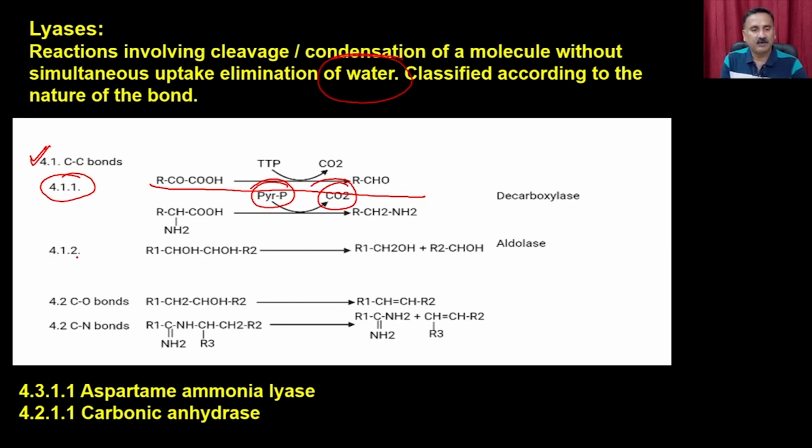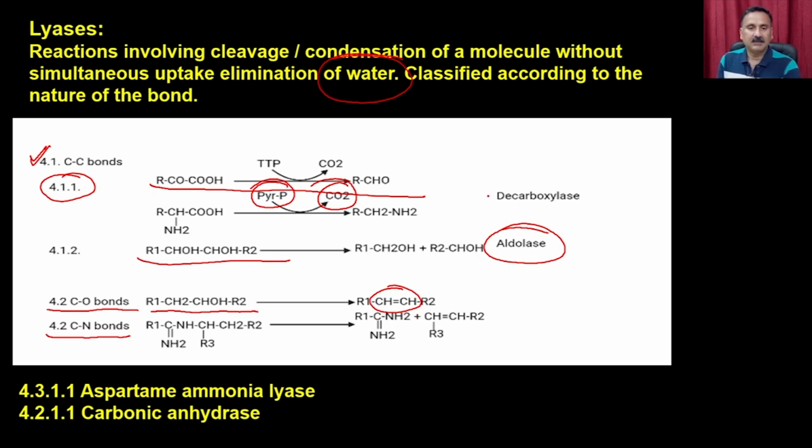Similarly, 4.1.2 catalyzes degradation with the help of enzymes called aldolases. Then we have the carbon-oxygen bond, which forms a carbon double bond, so there is a loss of a carbon-oxygen bond here. Then we have the C-N bond, and it acts on this to form this.